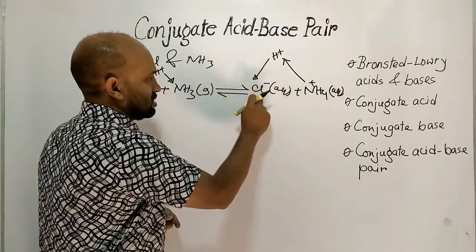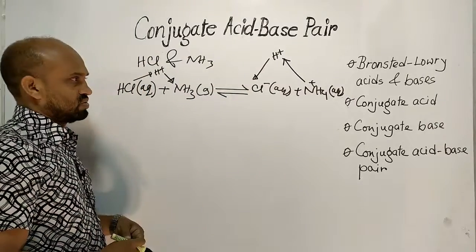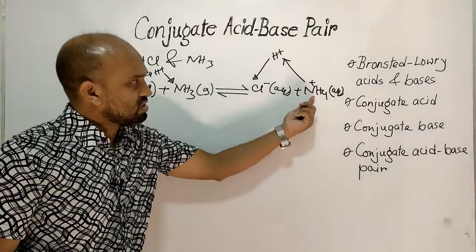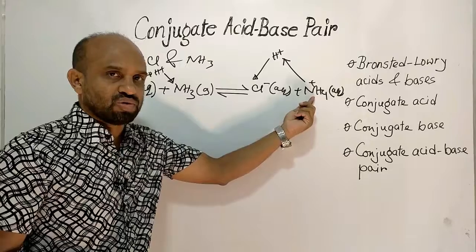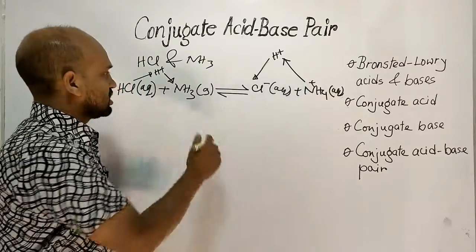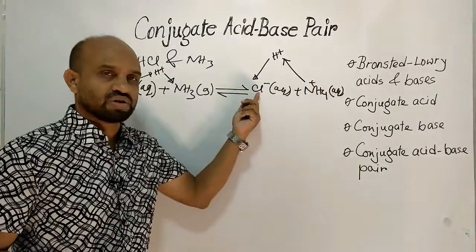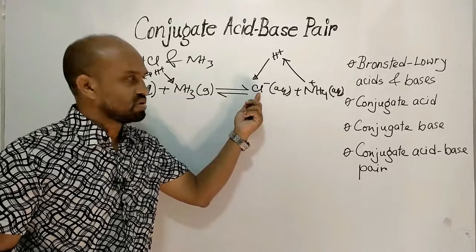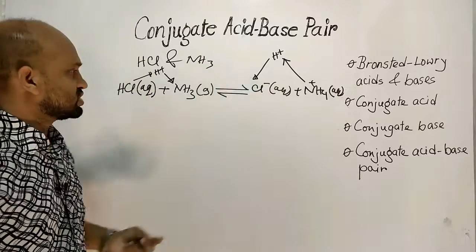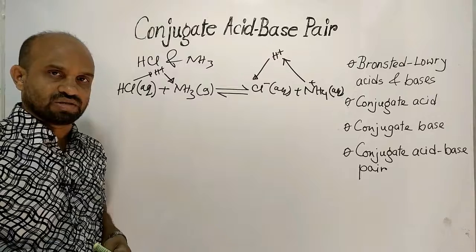That is why it will receive that proton. After releasing proton, ammonium ion becomes ammonia, and after receiving proton, chloride ion becomes hydrochloric acid.